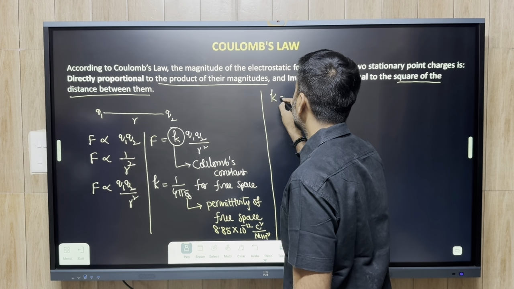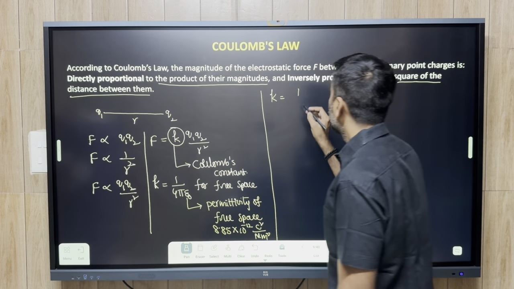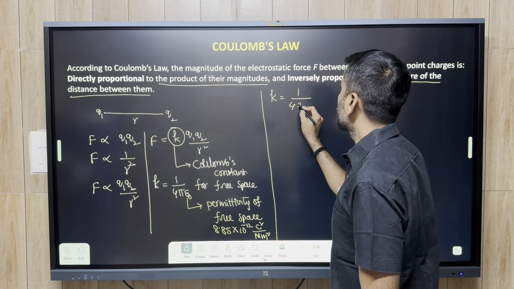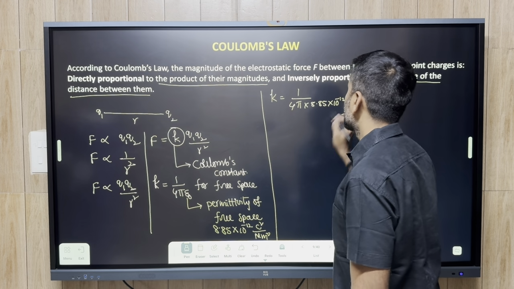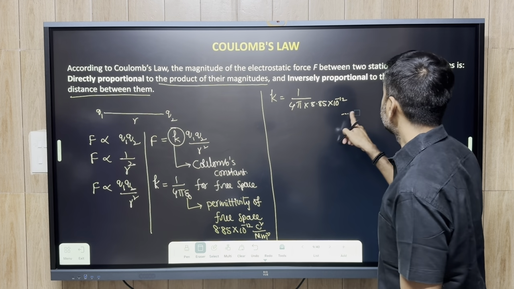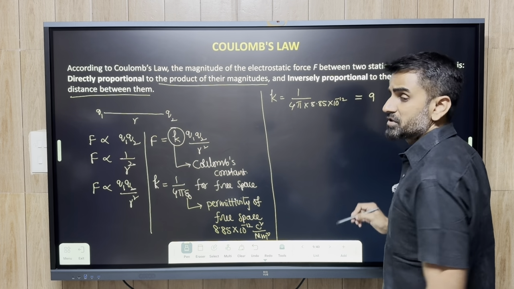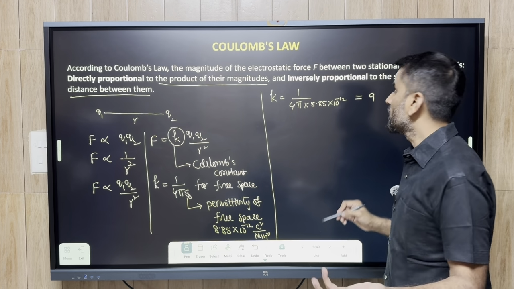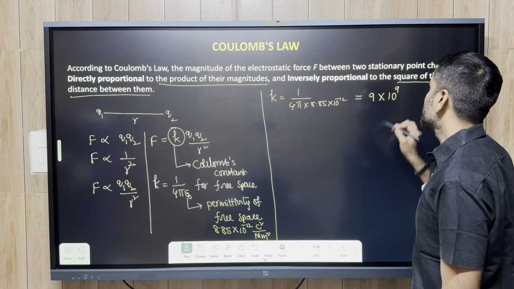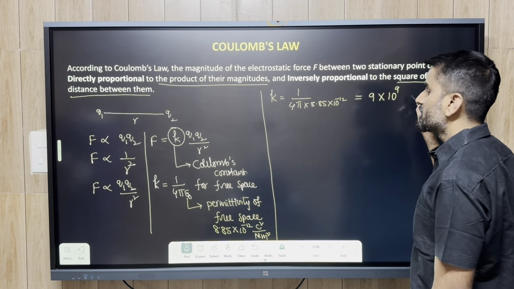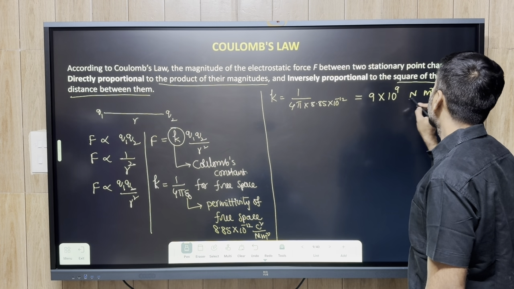K comes out to be 1 by 4 pi times 8.85 into 10 to the minus 12, which gives approximately 8.99. I'm rounding the value to 9 into 10 to the power 9. The units are Newton meter square per Coulomb square.